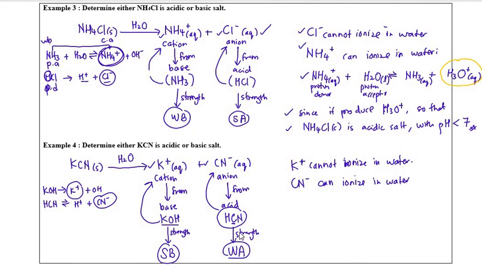The acid before, if it comes from a weak one, whether it is a base or an acid, it can ionize in water. So, if you say it can ionize, that means you have to prove it by the equation. CN minus can ionize, that means react with H2O, reversible arrow.